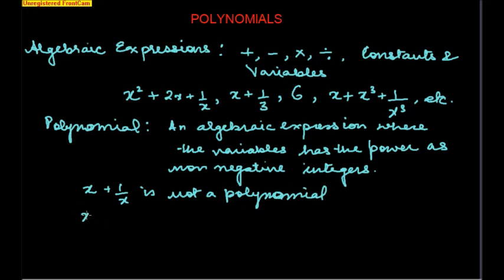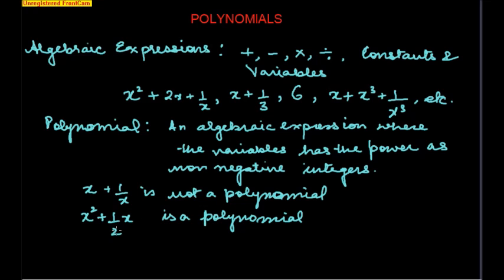But if I have x square plus 1 by 2x, then this is a polynomial. Please understand the difference in these two expressions. Here x had the power minus 1, which is not possible, so it is not a polynomial.